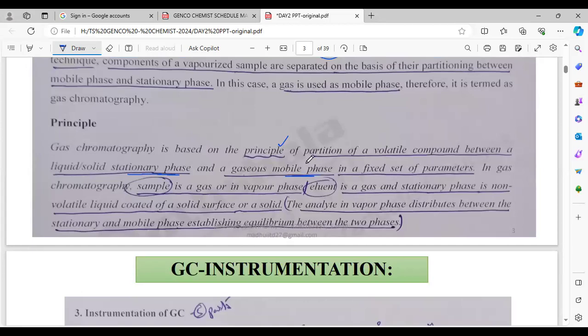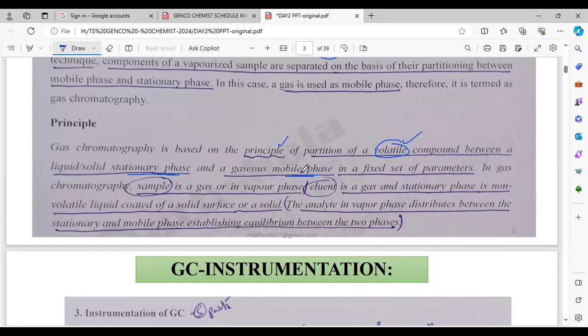So partition of these volatile compounds, see, I'm underlining this. In gas chromatography, you always use volatile compounds. If it is not volatile, you have to make it volatile by adding some other reagents. By any means, it should undergo volatilization. Otherwise, the GC technique is not suitable for analysis.